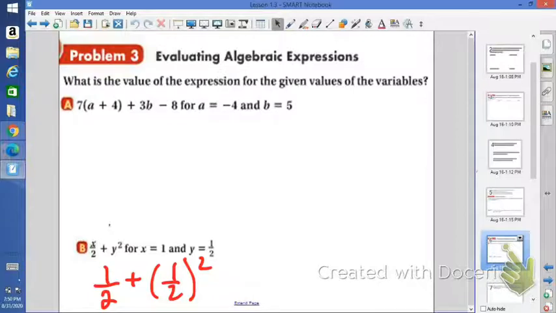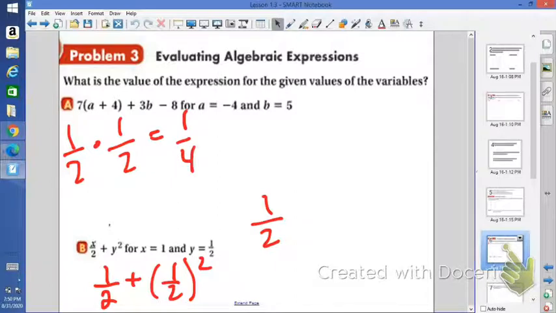We can't do anything in parentheses. There's nothing to evaluate. Next, we shift our attention to the exponents. So 1/2 squared is the same thing as saying 1/2 times 1/2. So that's going to give us 1/4. So we're going to have 1/2 plus 1/4.